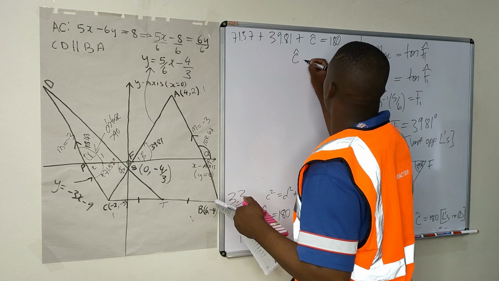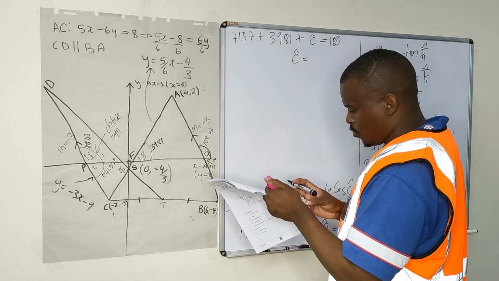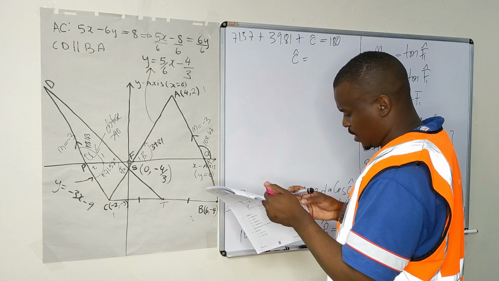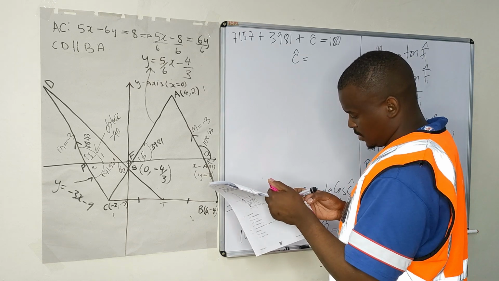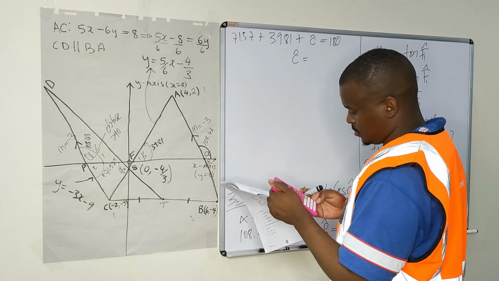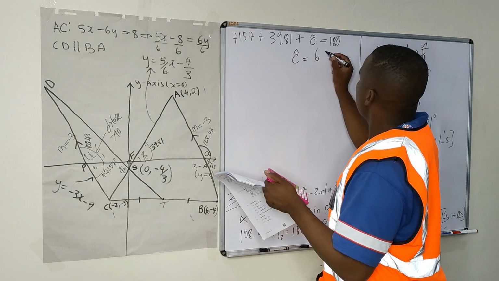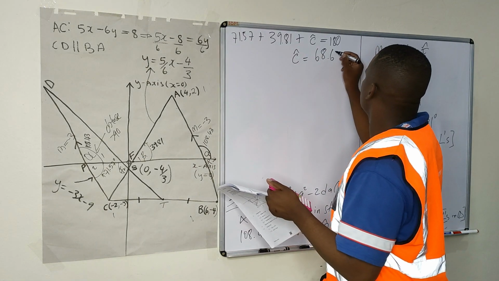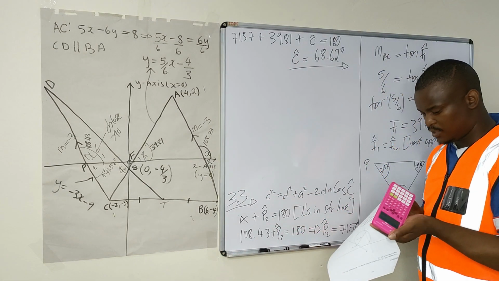So C is equal to 180 minus 71.57 minus 39.81, which gives 68.62 degrees. So this is your angle C. Then you're done with this one.